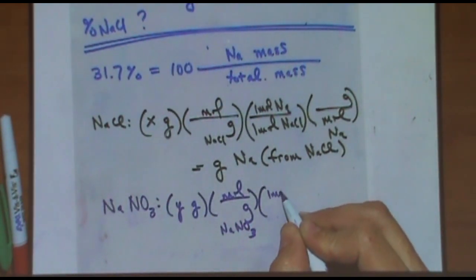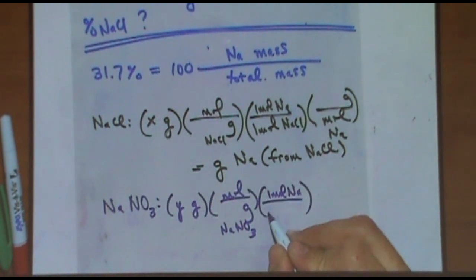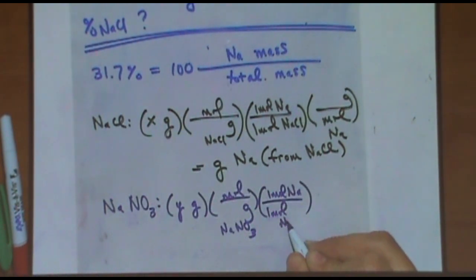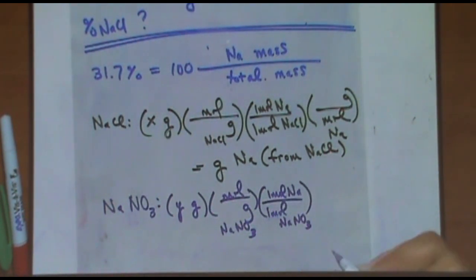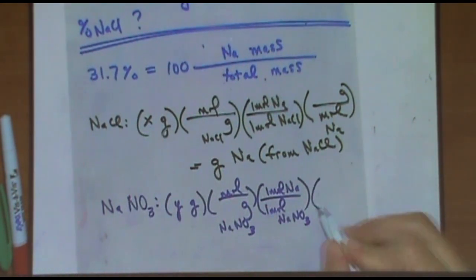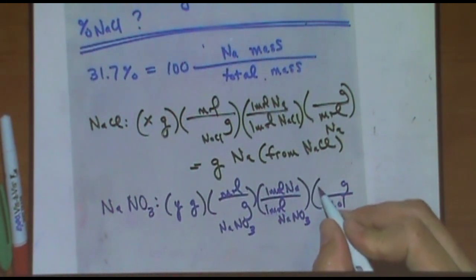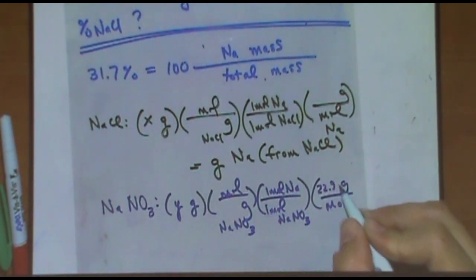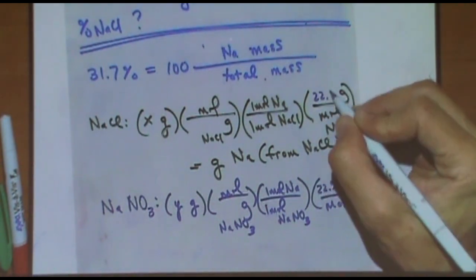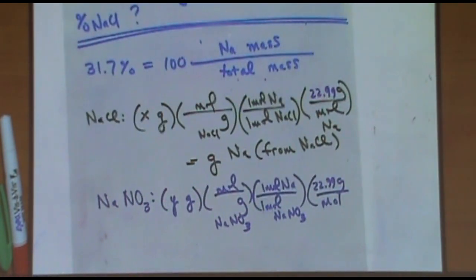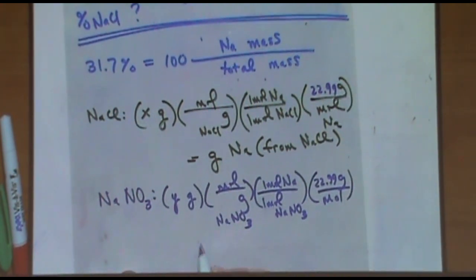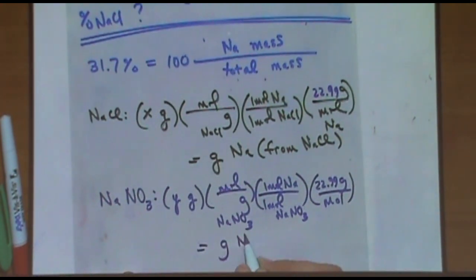There's 1 mole of sodium for every 1 mole of NaNO3, or there's 1 sodium in the whole molecule. Then the molar mass of sodium, I think it's just 22.99. Let's double check. Yeah, from the periodic table. This also gives you the mass of sodium.